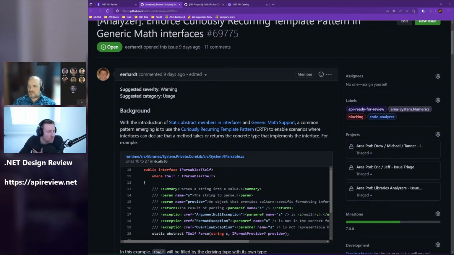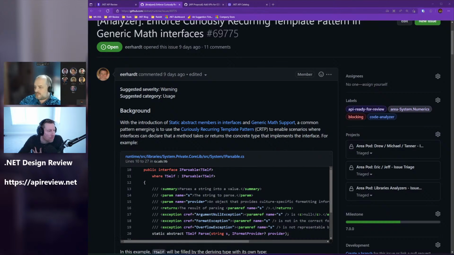And so what we'd like to do is have this analyzer basically flag users off of using these interfaces in problematic scenarios, basically enforcing that the type that implements the interface is the same as the generic type in the interface.